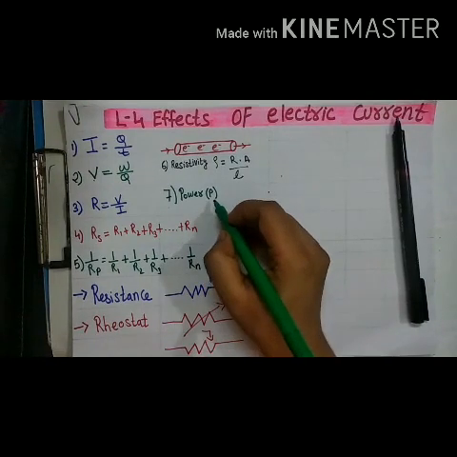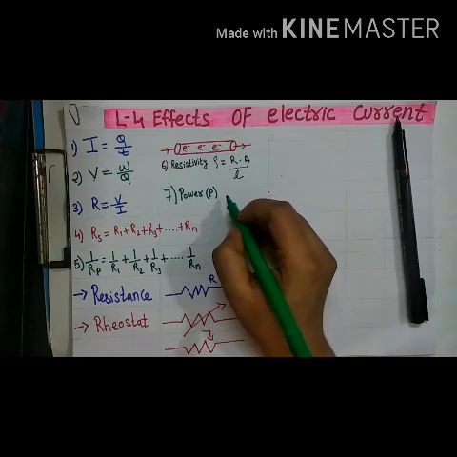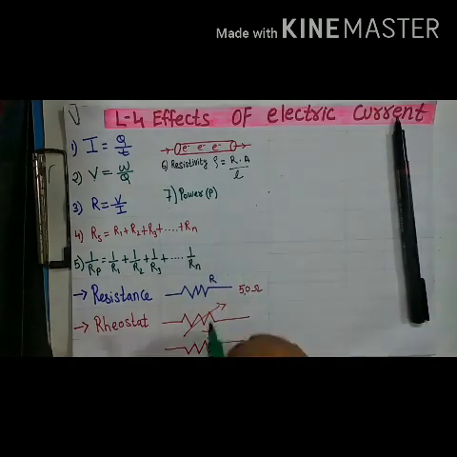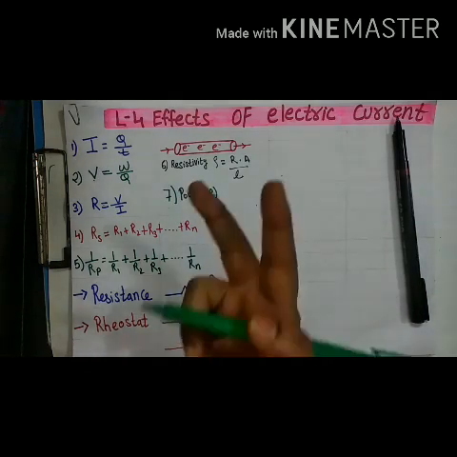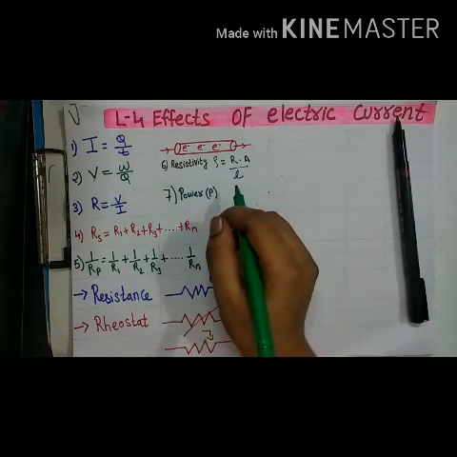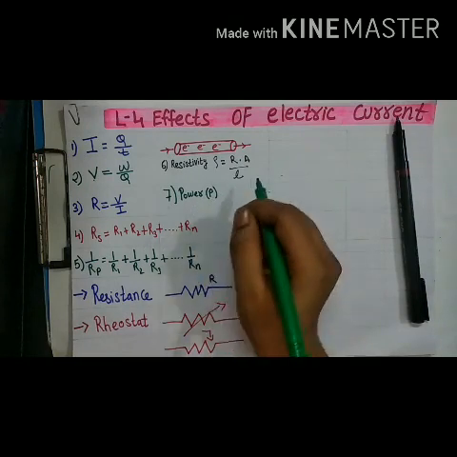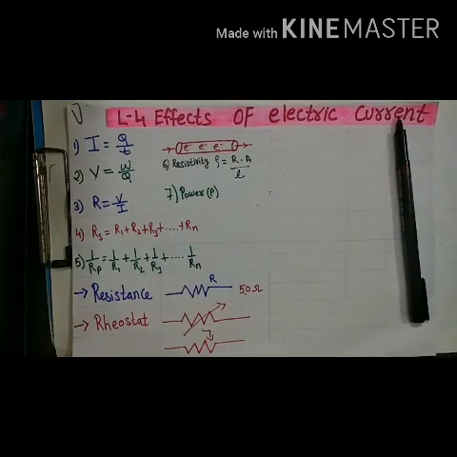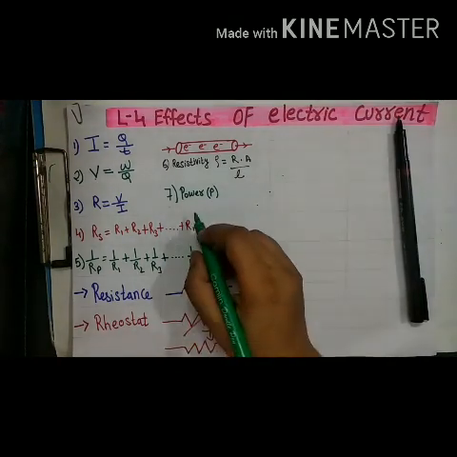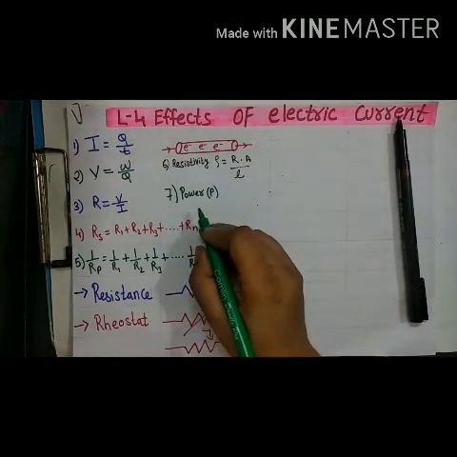Next, we have studied power. Here, power means how fast the work is done. For example, to draw water from the well, there are two options. You can draw water using a bucket or you can use a motor. How much water is necessary, till that time we will keep the motor on and then we will turn it off.